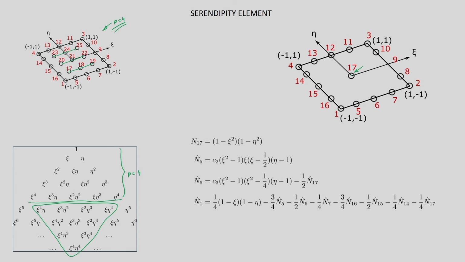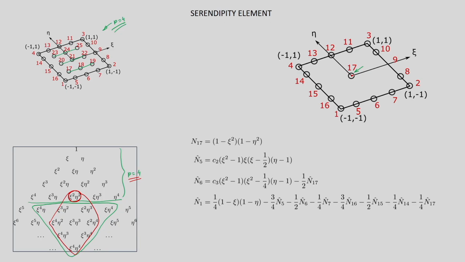Now if we try to avoid these 9 internal nodes or 9 shape functions corresponding to the internal nodes, we will miss out all these terms, and since this term is required for the completeness requirement, we cannot avoid the internal nodes totally, and instead we have to consider at least one internal node that has been put at the middle of the element.